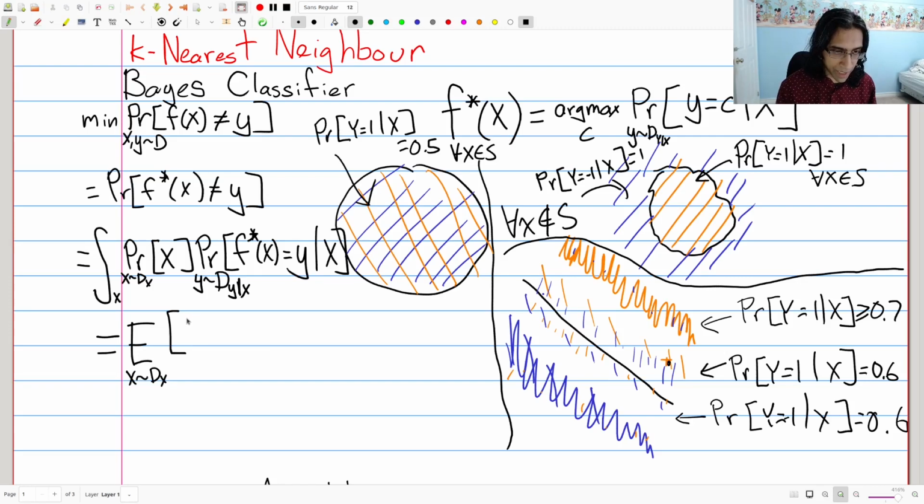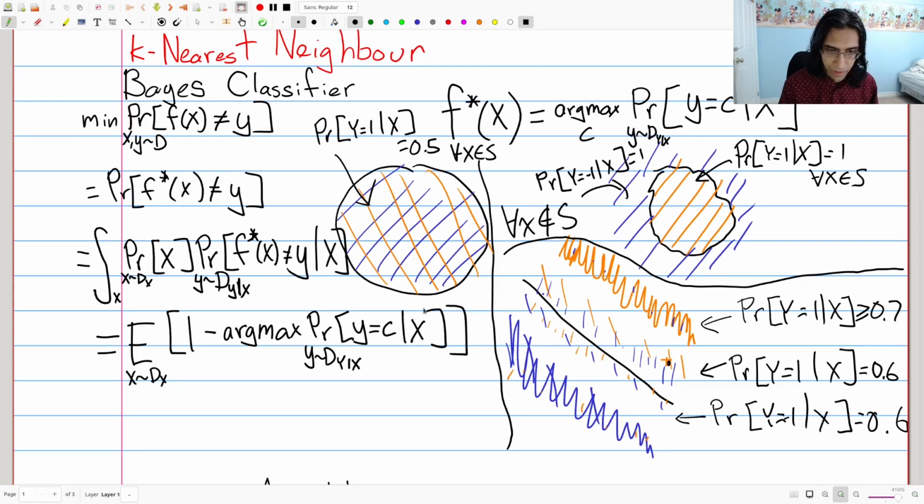And this can be rewritten as 1 minus argmax of probability y equals c given x, where this probability is over, again, y drawn from the distribution d of y conditioned on x.